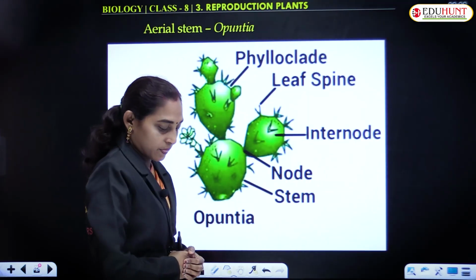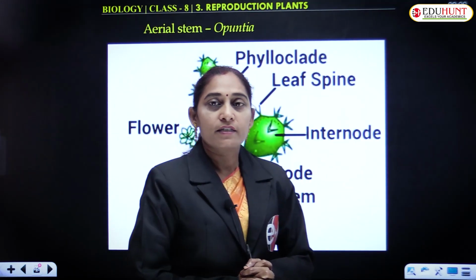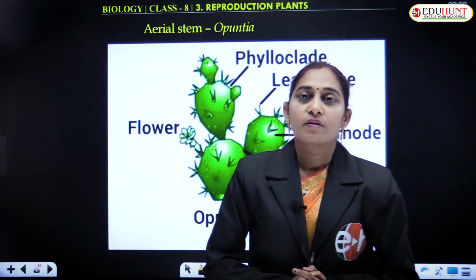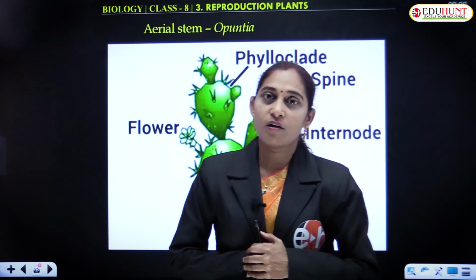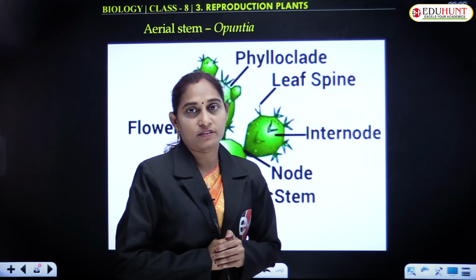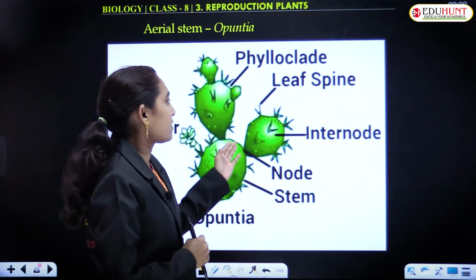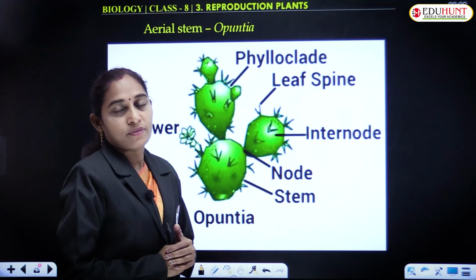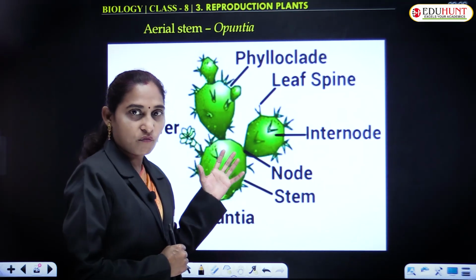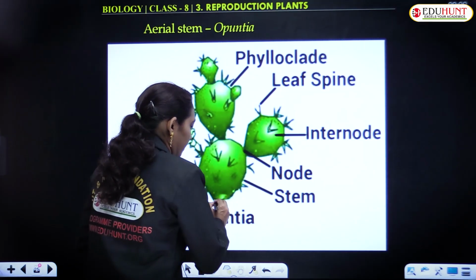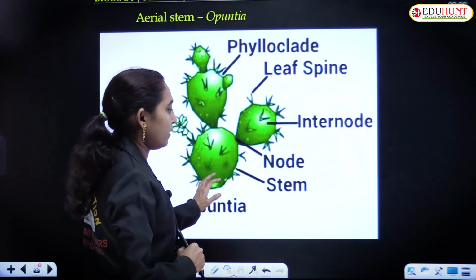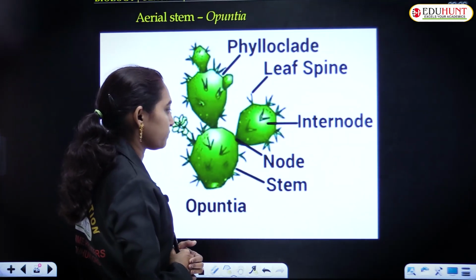Now we are entering into the parts which are involved in vegetative propagation. This is the aerial stem, the aerial part of the plant. Here you can see the leaf-like structure.